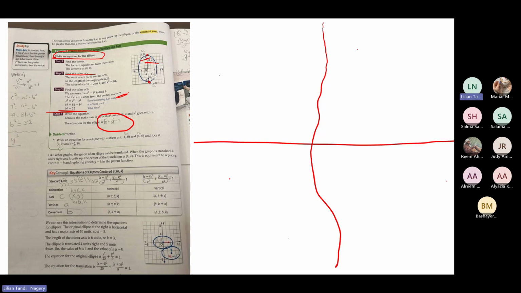All right. Part 1. What's part 1? Find B? I disagree. Part 1: determine if the ellipse is vertical or horizontal.